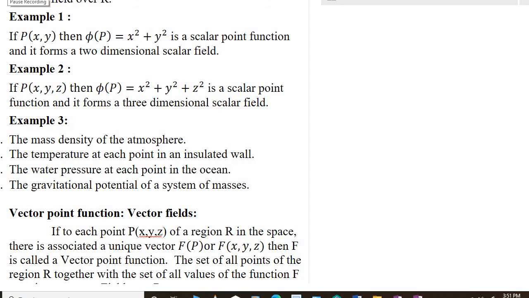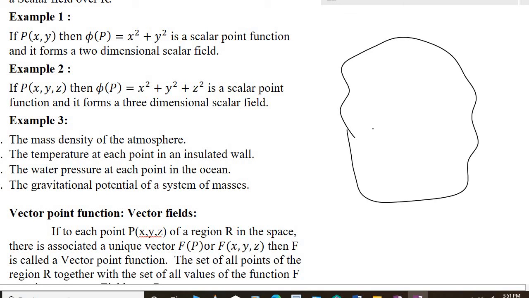For example, in the region capital R, P is a point x, y. Corresponding to this P, if there exists a scalar phi of P equal to x square plus y square, then it forms a two-dimensional scalar field.